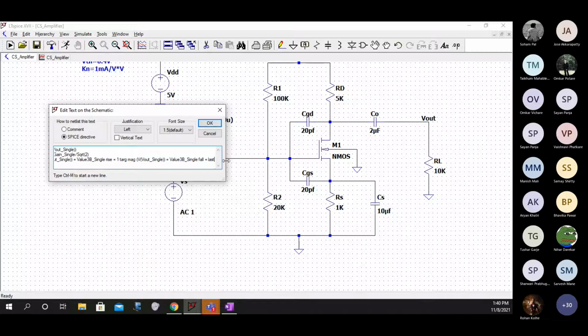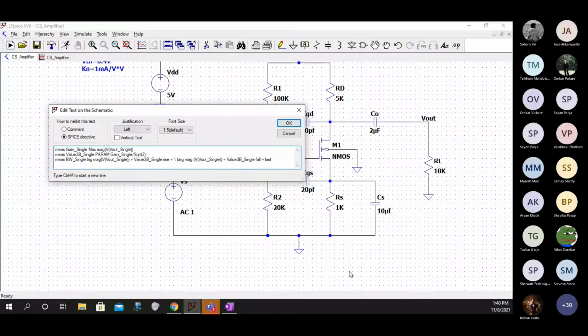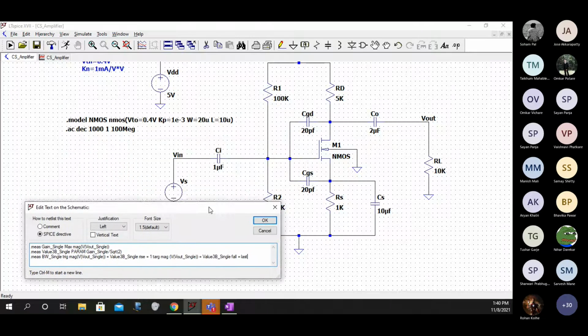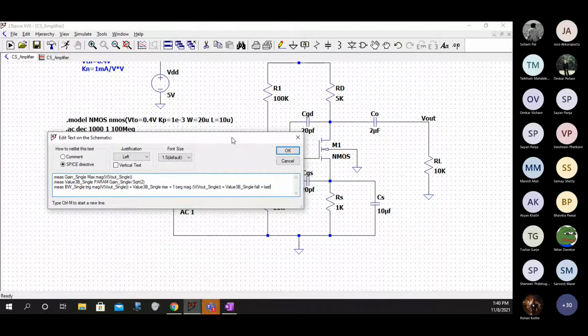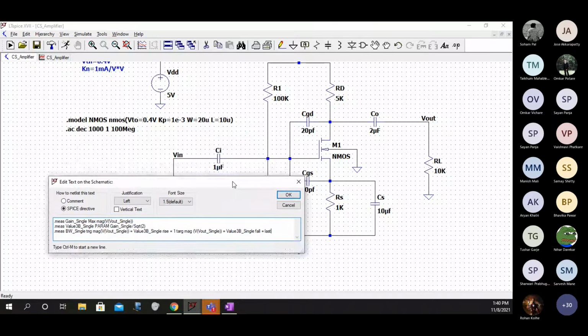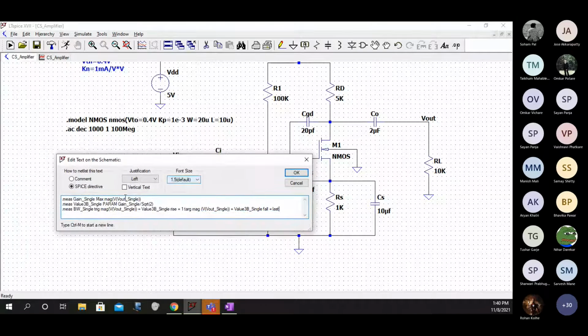So now I don't want to keep on measuring like this. It's a very funny way. We want to do it by using some commands. The first line that I am writing here is measure gain, which is the max value in the magnitude plot, which is plotted using the value V out.